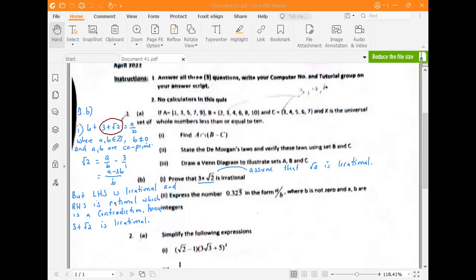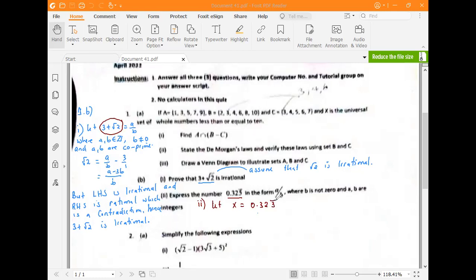Okay. Express this number in the form A over B. So you let maybe x be the number given, 0.325 bar.